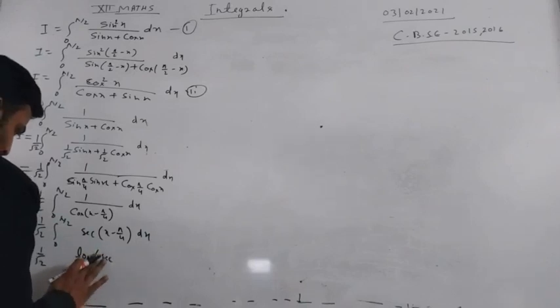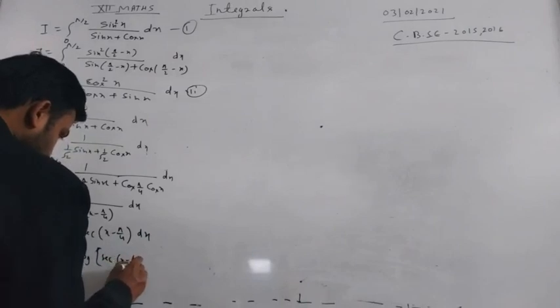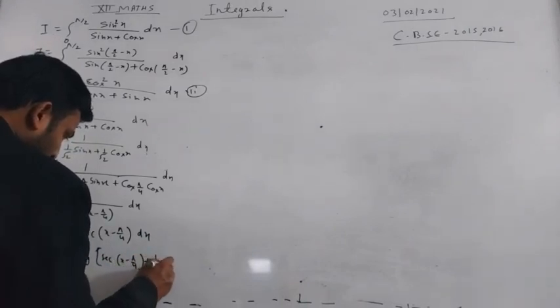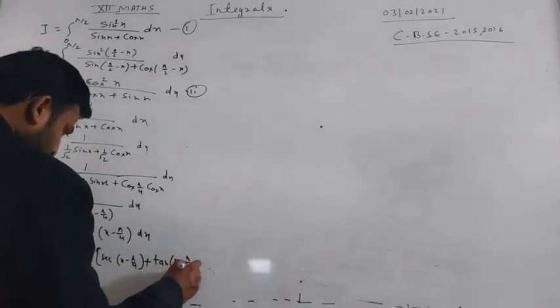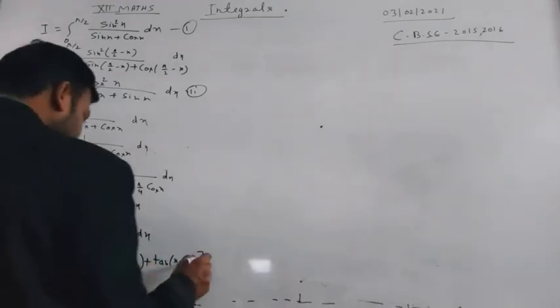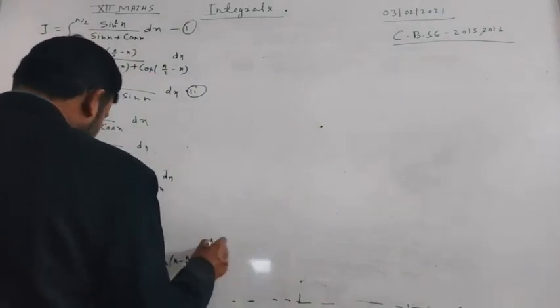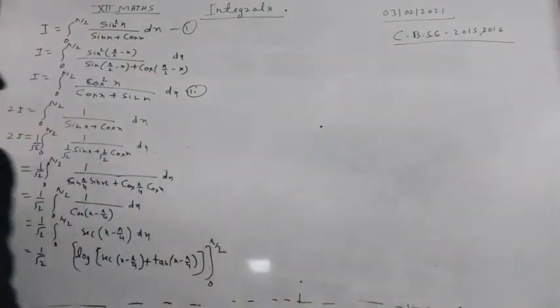And you know students, the integral of sec x, so we can write log of sec x plus tan x. Okay students, and this is our limit, which is 0 to pi by 2.